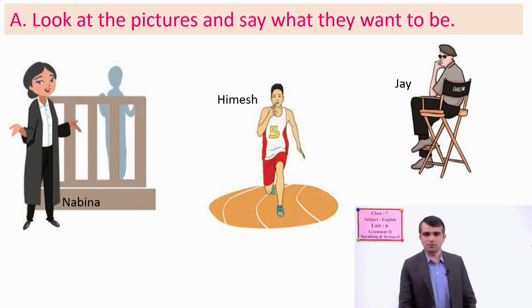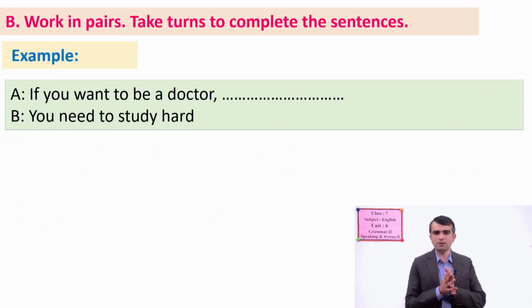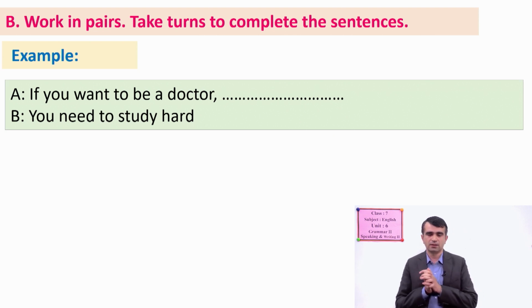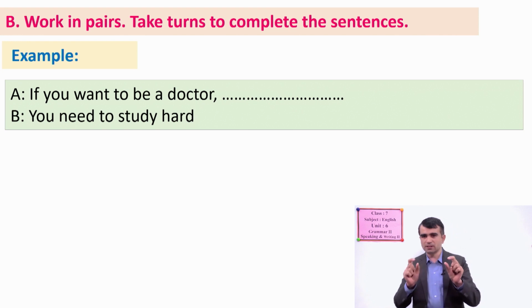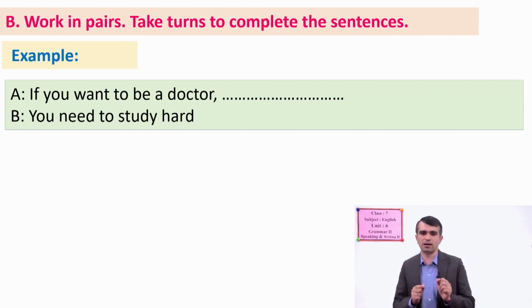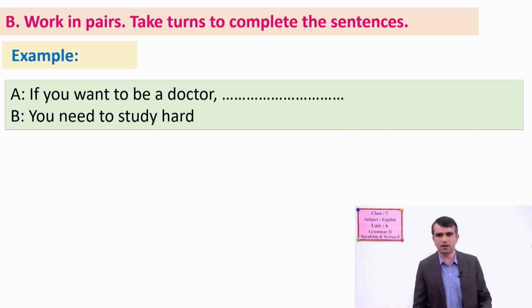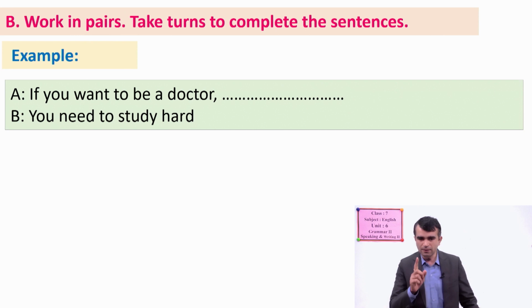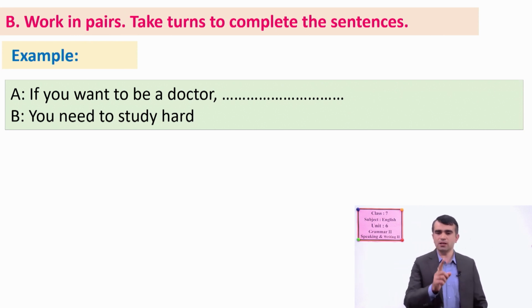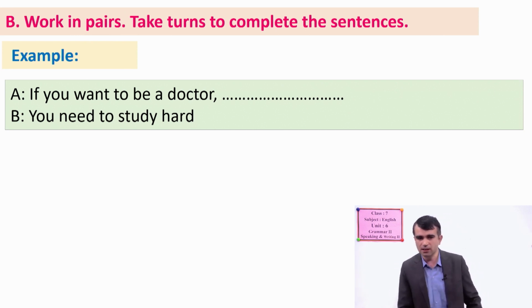Now, the next thing we should do. Work in pairs, take turns to complete the sentences. Now, A says an incomplete sentence, and B should supply the remaining part. An example is given. Let's read. A says, if you want to be a doctor, B says, you need to study hard.